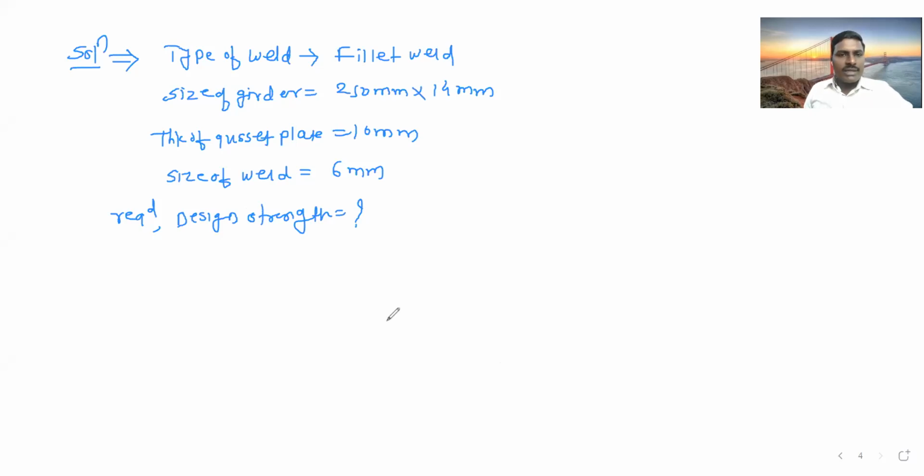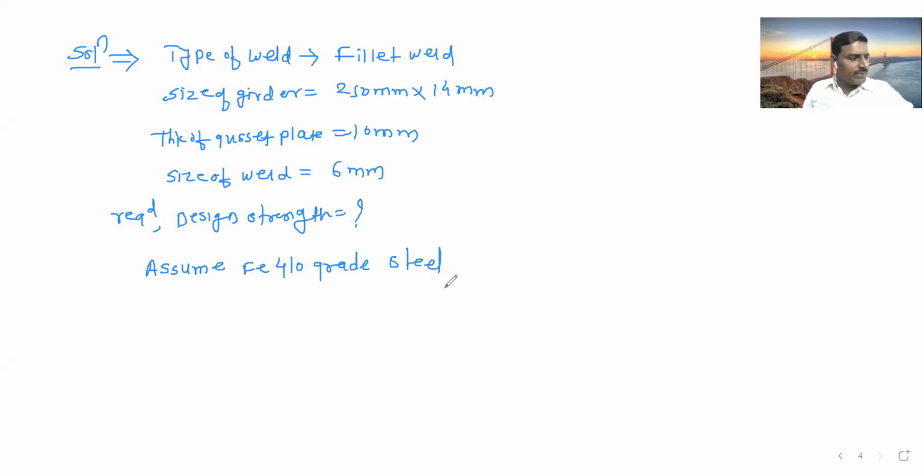They have not given type of steel. Whether they have given type of steel, please speak with me. Type of steel they have not given. So here we have to assume Fe410 grade steel.